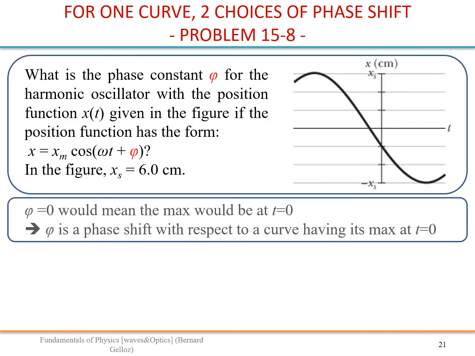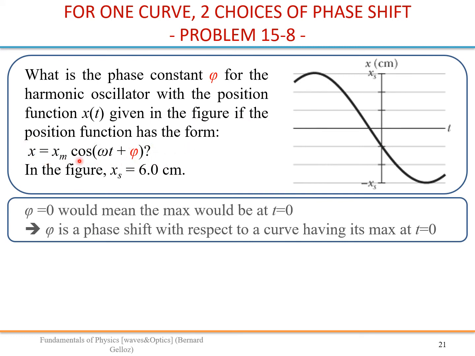Let us practice phase shift determination. Let's take problem 15.8 from your book, which is this. So the question is, what is the phase constant phi for the harmonic oscillator with the position function x of t given in the figure here, if the position function has the form of this one.